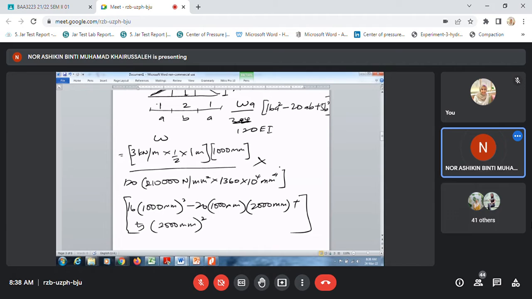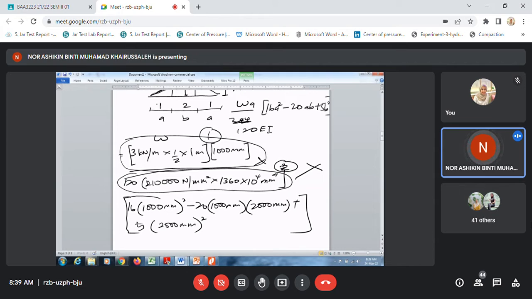So I should try to separate this one first, and then this is the second, and then this is the third calculation.